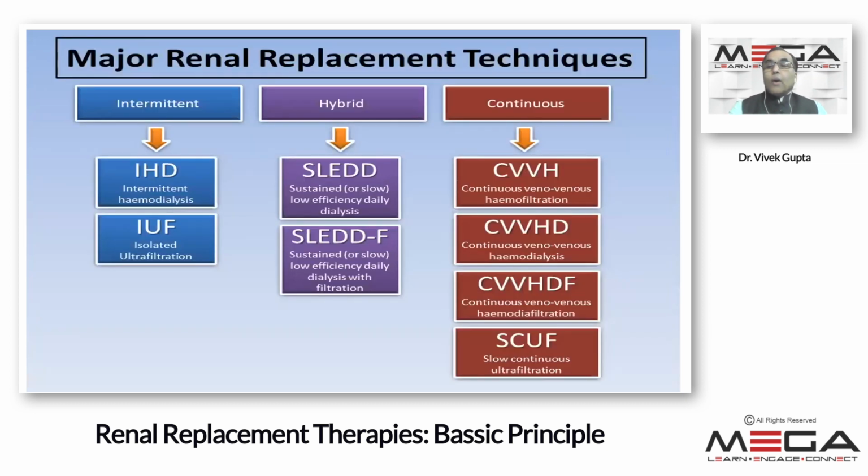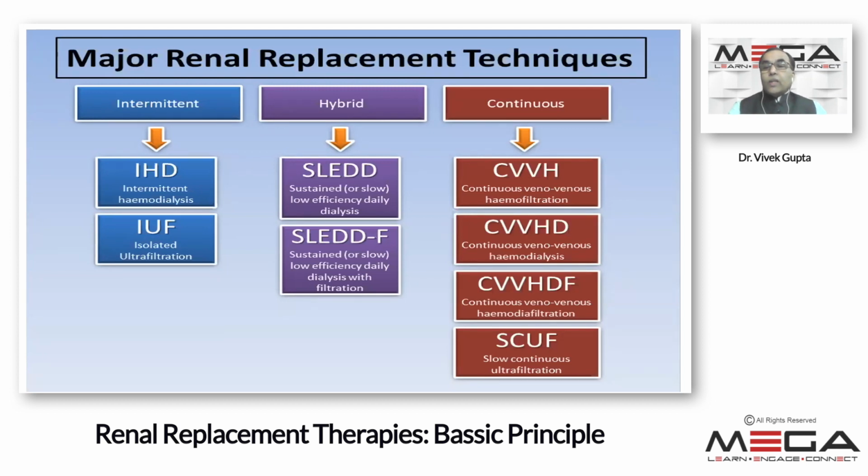If we talk about the various therapy options which are available in the intensive care unit, they can be divided into the intermittent, what we commonly call intermittent hemodialysis, or sometimes isolated ultrafiltration for a very short time.